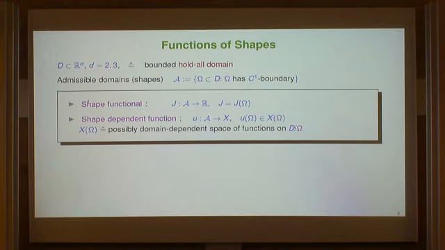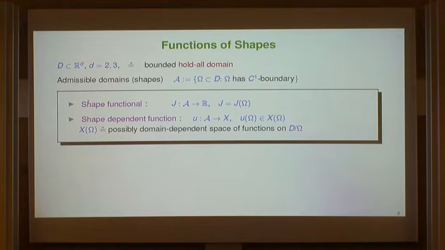And there are two kinds of functions that I call shape functionals and shape-dependent functions. A shape functional is the simplest representative, it's just real valued. This is what is tackled by shape optimization, for instance. More complicated is a shape-dependent function. So you map from the shape set into a function space, and to make matters worse, this function space may also depend on the shape, so it's a fairly complicated concept.